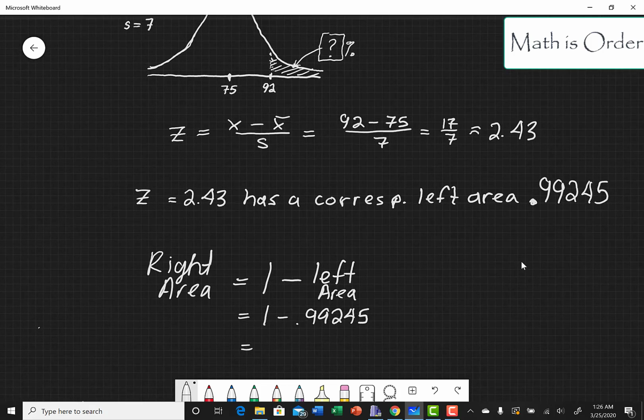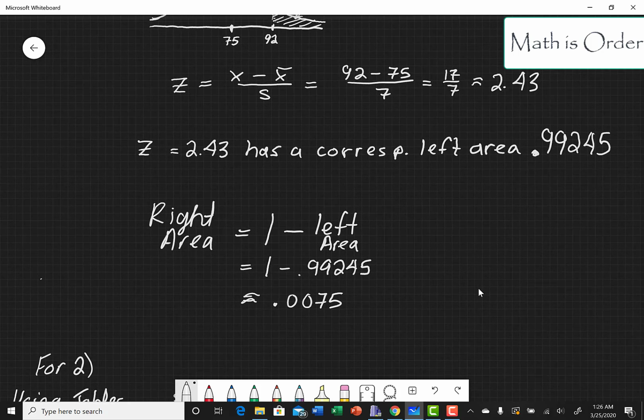What is that going to give us? It's going to give us approximately 0.0075, approximately, right? But what is this? In the textbook, they might ask you what is this value as a percentage.